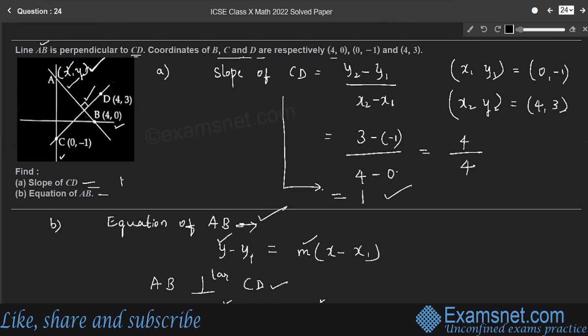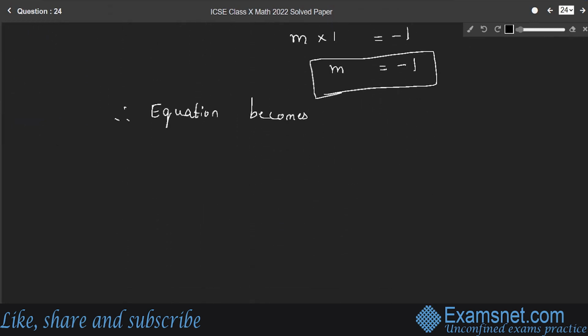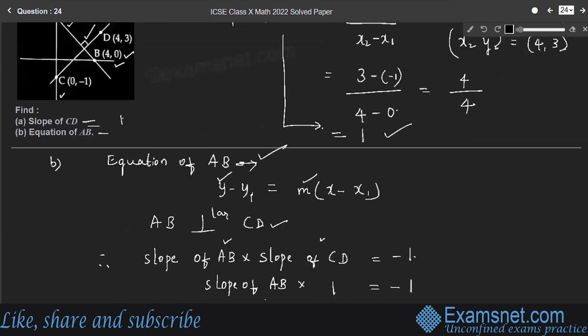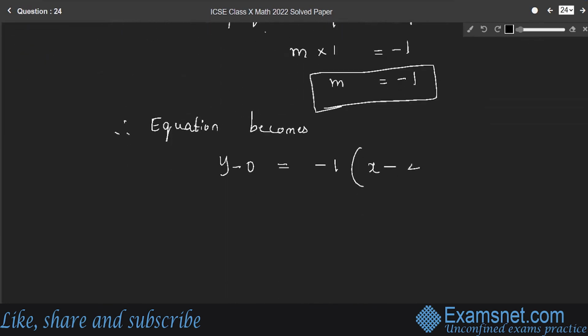Minus y1, the y coordinate of B. Since we are talking about the AB line, y minus 0 is equal to m into, m is -1, into x minus, so the x coordinate of B is 4, x minus 4.